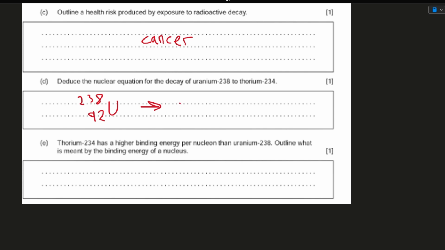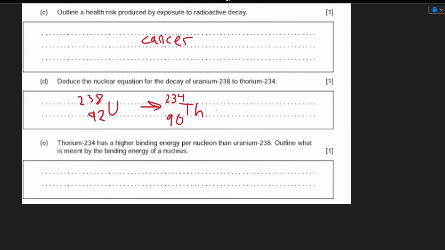And we have thorium-234, which has an atomic number of, if we just go to the data booklet, you can see that thorium has an atomic number of 90. So we'll put 90 down here.